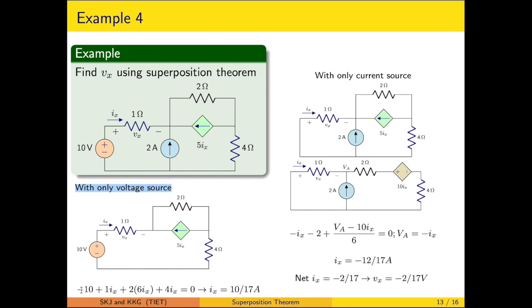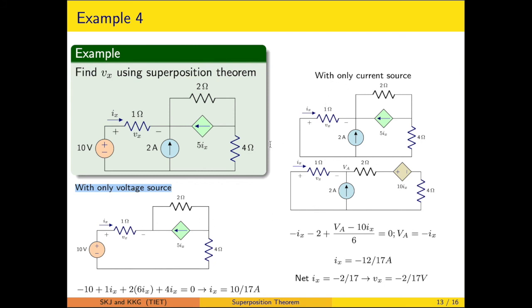The equation results in minus 10 plus 1 into Ix plus 2 into 6Ix plus 4 into Ix is equal to 0. That leads to the Ix value as 10 upon 17 ampere.